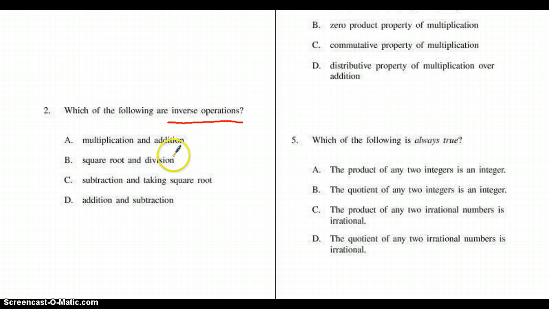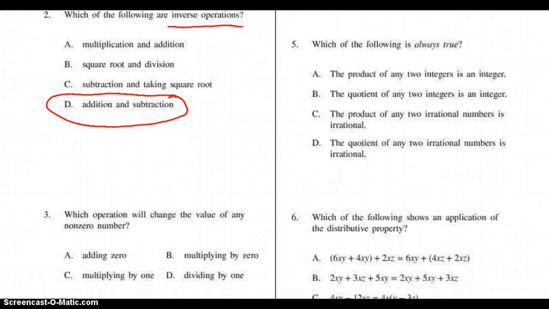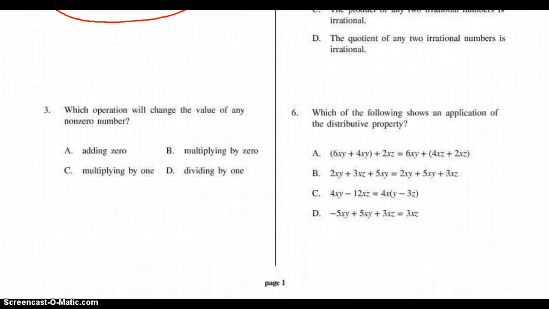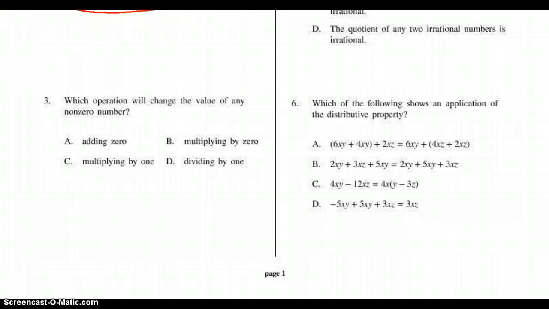B, square root and division, which is not correct. C, subtraction and taking the square root, which is not correct. And then D tells us addition and subtraction. Inverse operations.